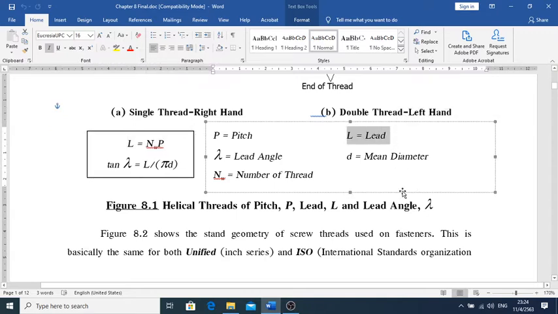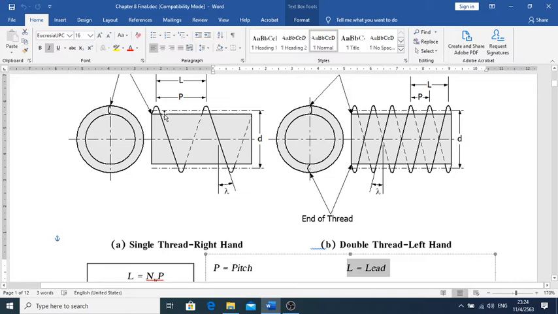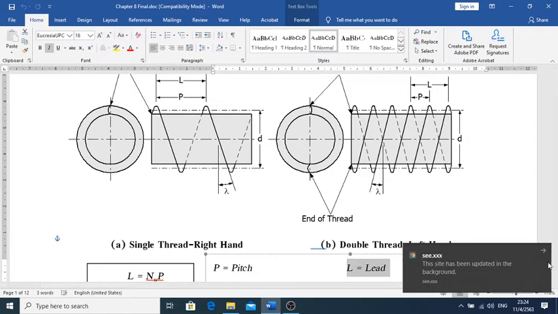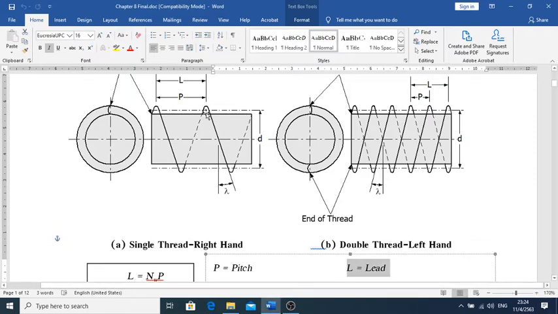The lead is defined as follows: as we turn around the cylinder one round, the thread has a movement in one rotation, that is one L. Or we might say that if we turn the thread one revolution, the thread moves forward or backward one L. That's the definition of the lead.